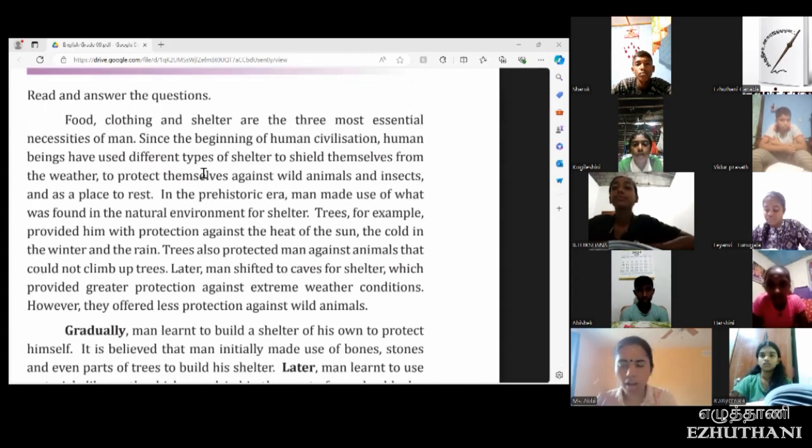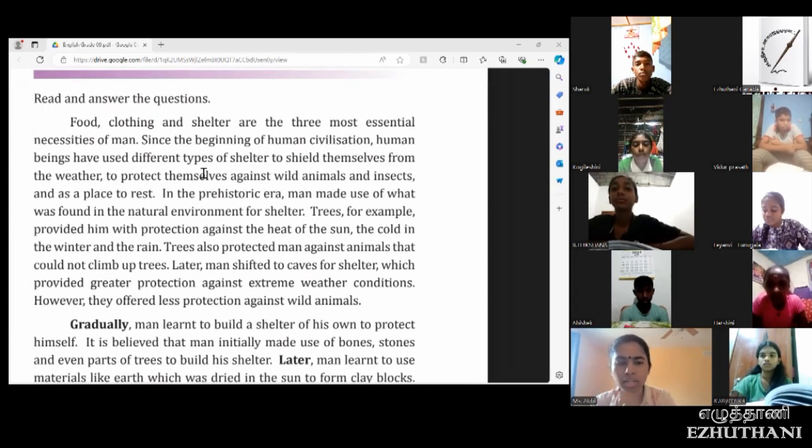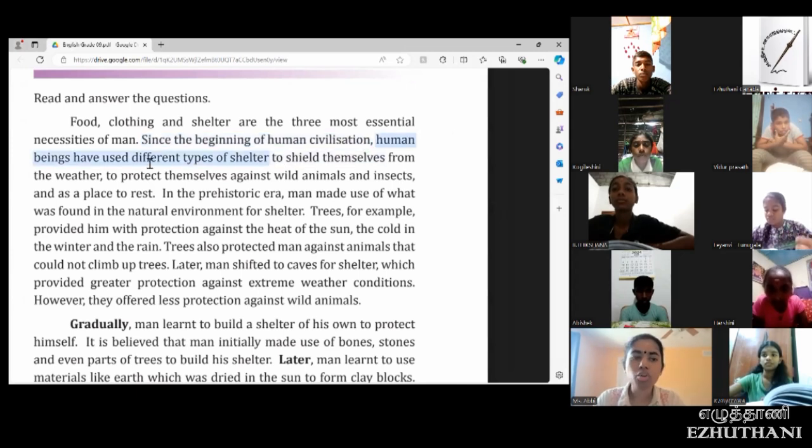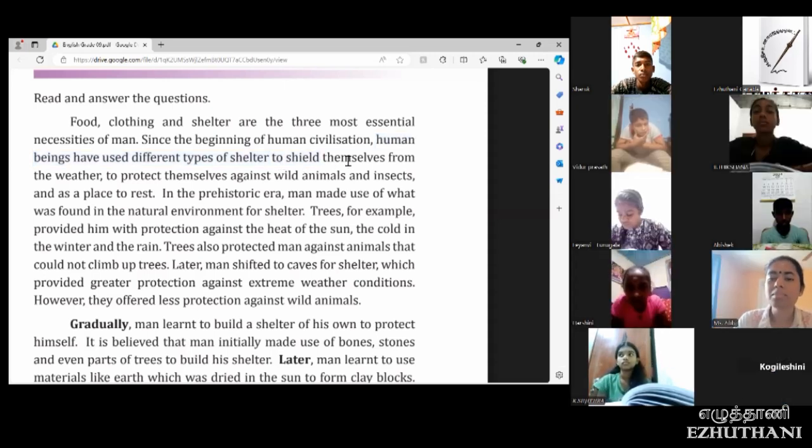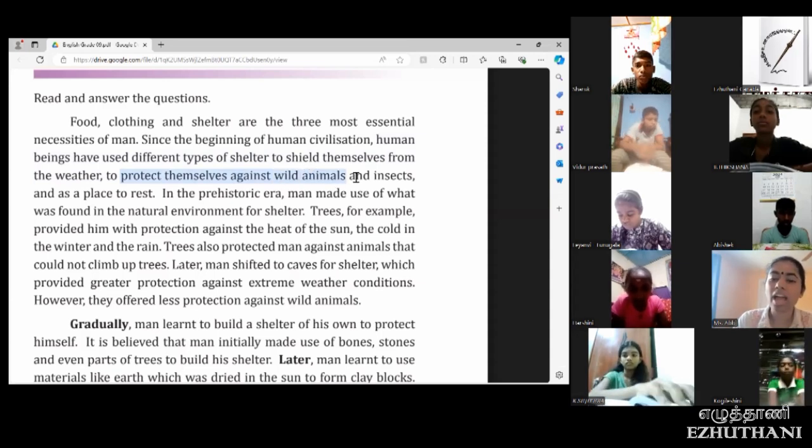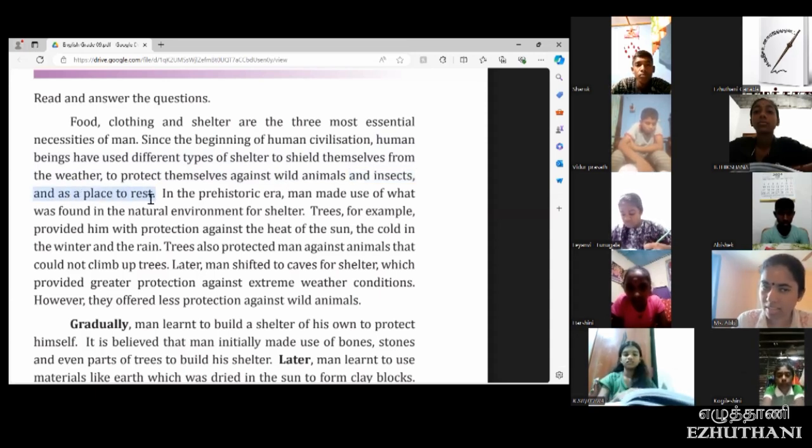Second sentence. I'm going to read it once and then I'll ask you to read it again. Okay? Since the beginning of human civilization, human beings have used different types of shelter to shield themselves from the weather, to protect themselves against wild animals and insects, and as a place to rest.